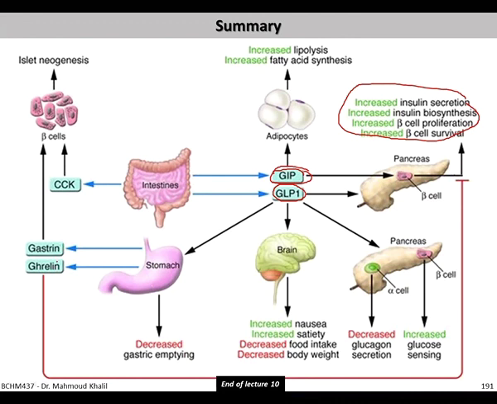Gastrin and ghrelin will stimulate more insulin to be released through the formation of more beta cells, with the help of CCK coming from the intestine. Of course, as a negative feedback, ghrelin can inhibit the secretion of insulin, as you can see from the figure. So basically, this figure summarizes the action of a number of hormones on glucose homeostasis.